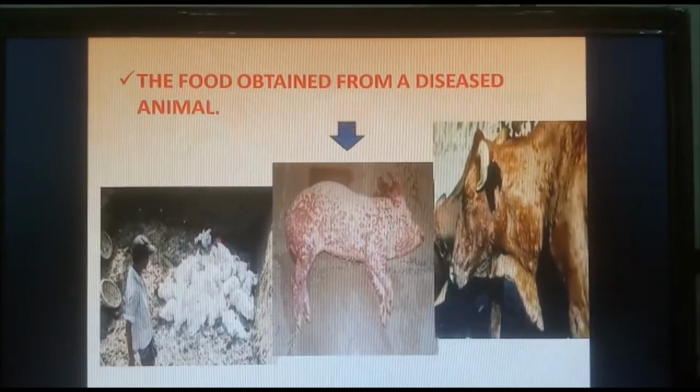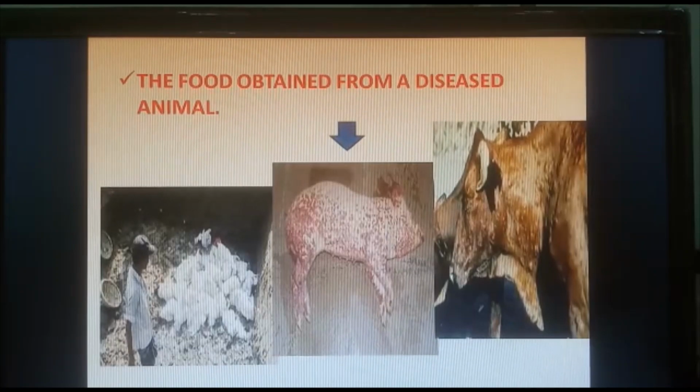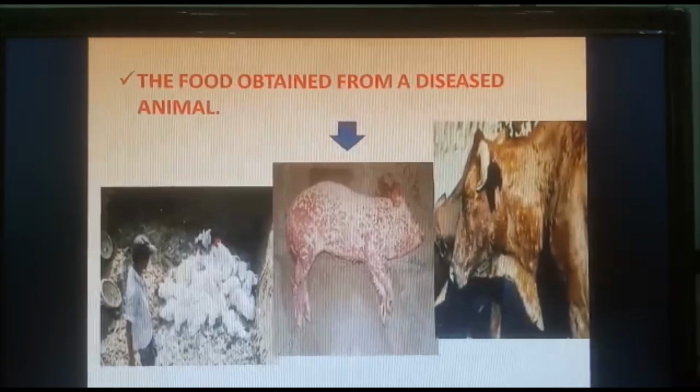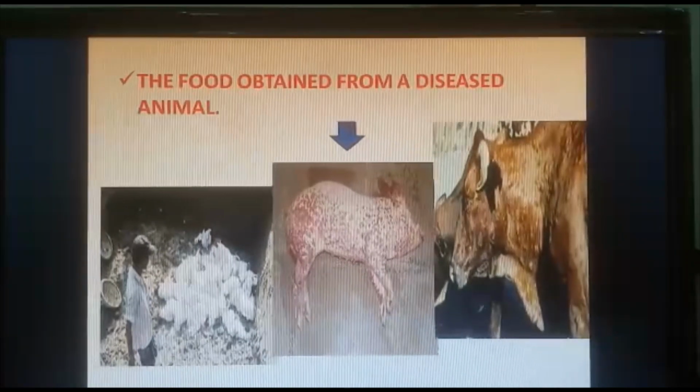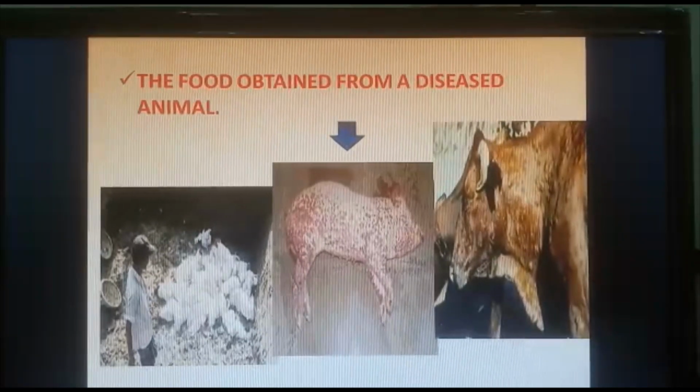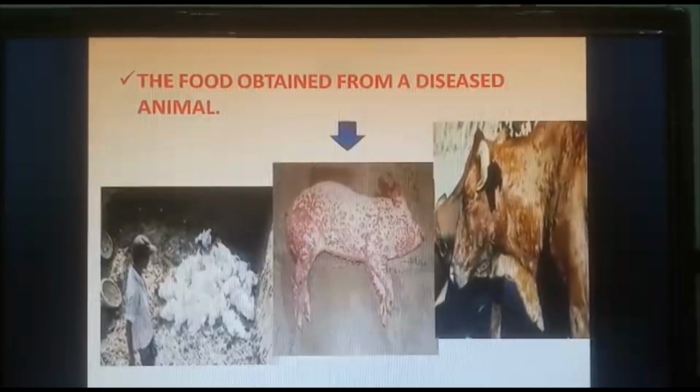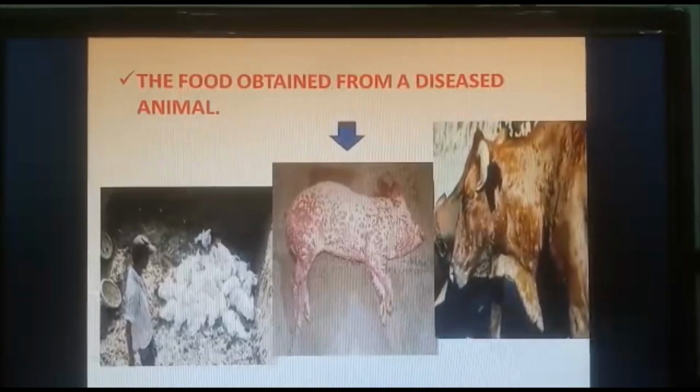So in case this kind of animal based food product is obtained from an animal which is suffering from disease like swine flu, bird flu, lumpy skin, that means that animal based food product or food is adulterated.